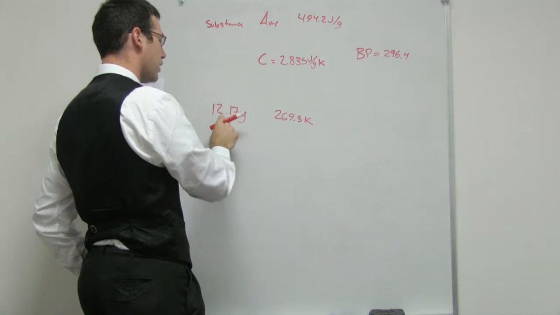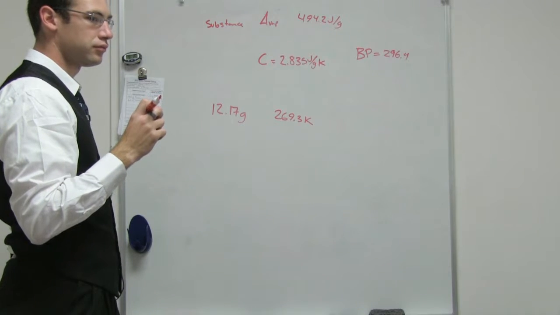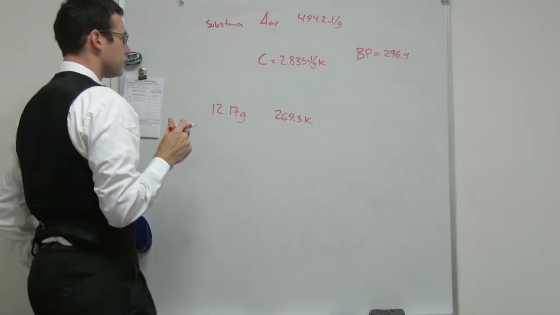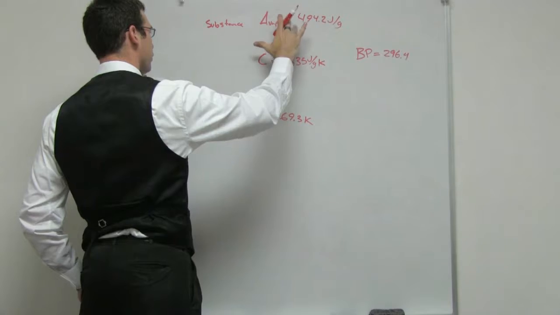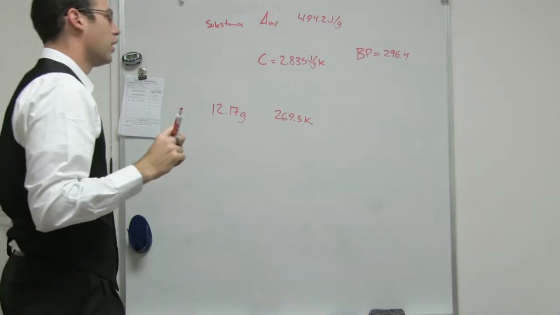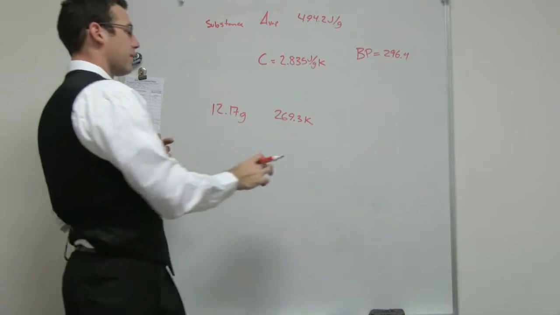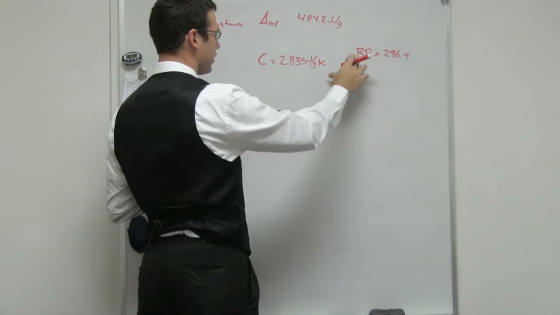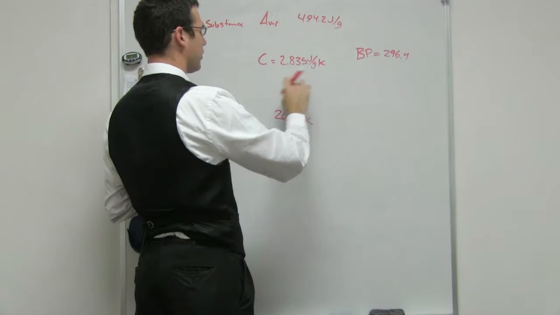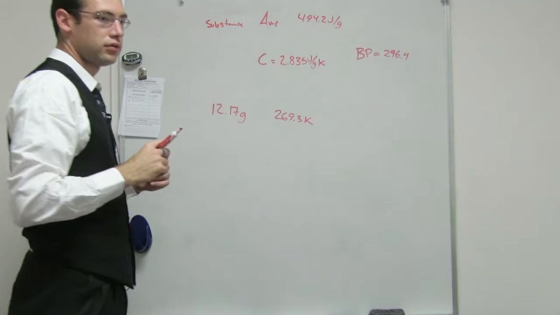That's going to be the heat just for the transition, and when you multiply, you get joules. And then for the heating up to get to that point, we're going to have to do the difference between these two temperatures, and then use the specific heat to solve for the energy.